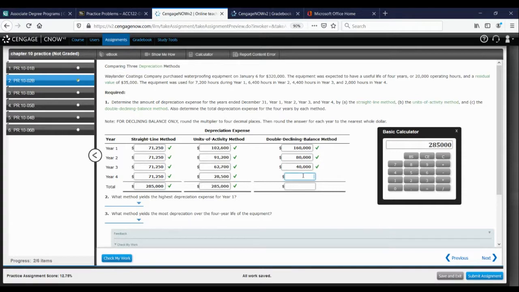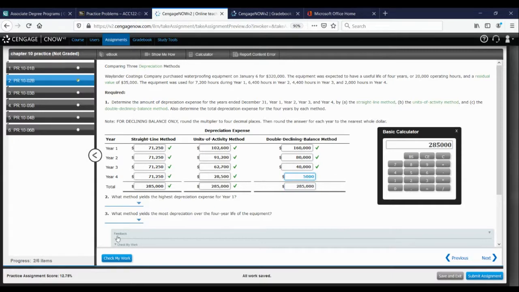And then in year 5, we had to determine what we could depreciate, what we had left over. Another way we could have found that amount is you could have plugged in the total amount of the accumulated depreciation, which should be $285,000 here, and you could have added these and subtracted that from it. It will also give you $5,000.